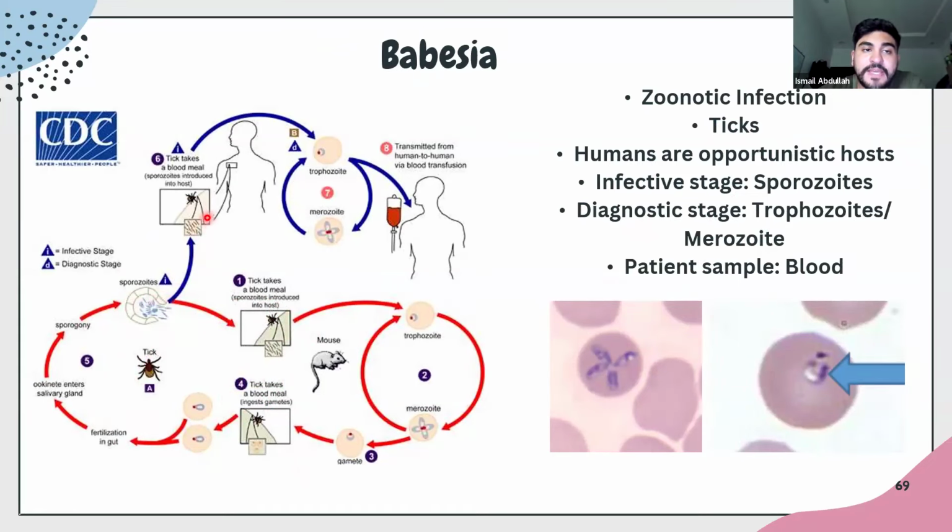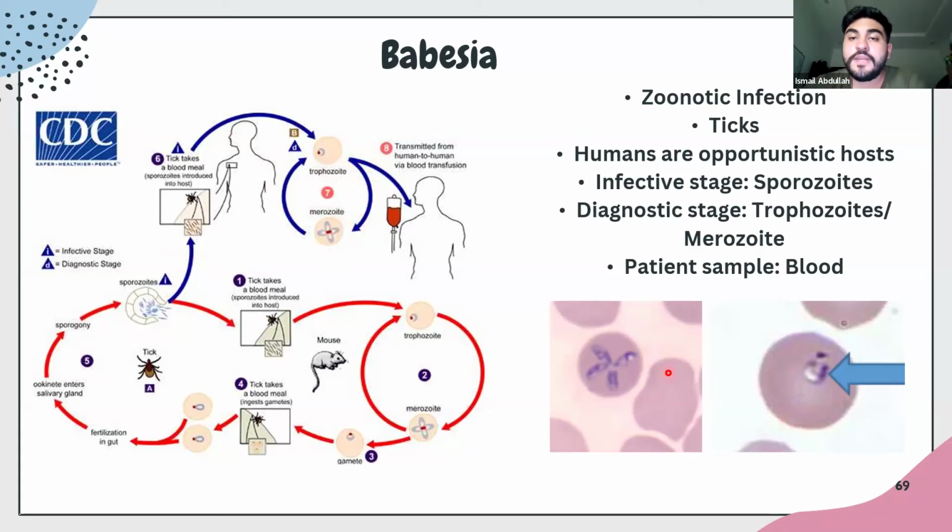Then when it goes for a blood meal, it injects these sporozoites into the blood. Those sporozoites then become trophozoites, as you can see here, and then these trophozoites become merozoites. And this is very diagnostic for Babesia.